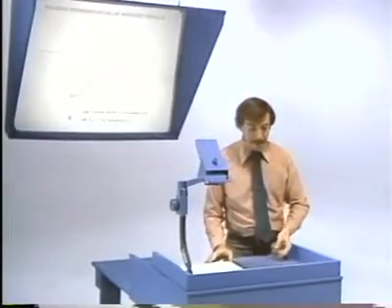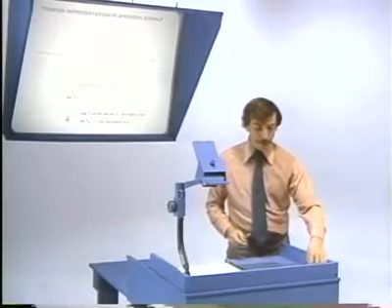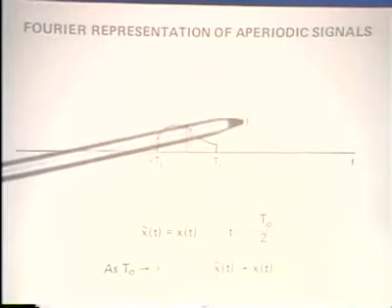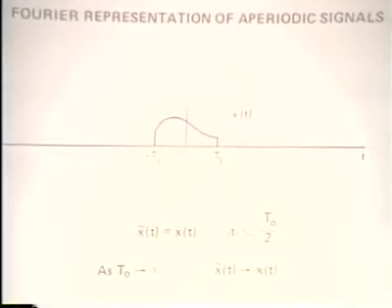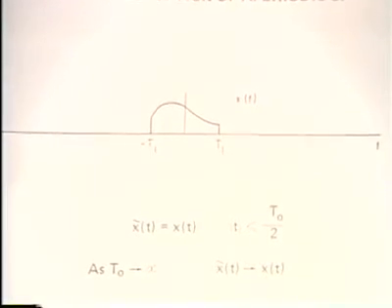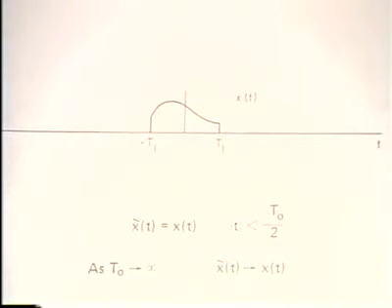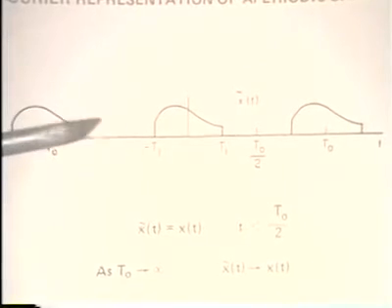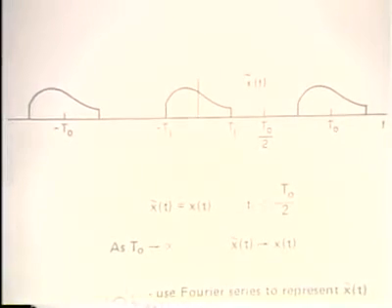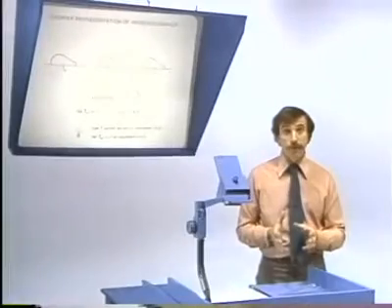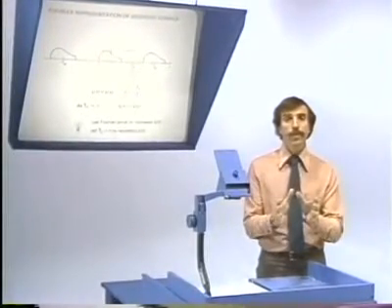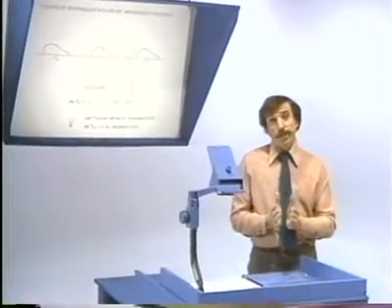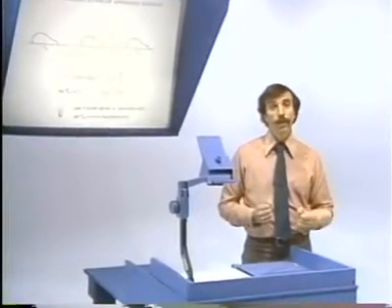The basic strategy with an aperiodic signal is to think of representing this aperiodic signal as a linear combination of complex exponentials by the simple trick of periodically replicating this signal, generating a periodic signal, using a Fourier series representation for that periodic signal, and then simply letting the period go to infinity.